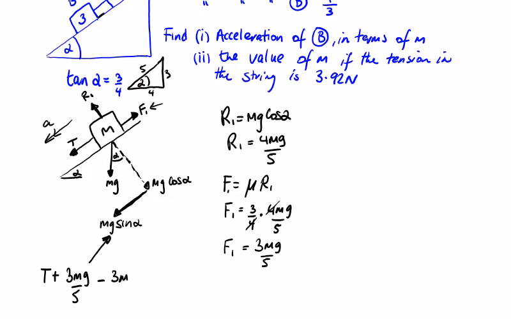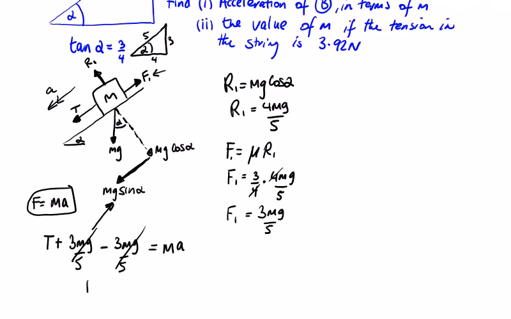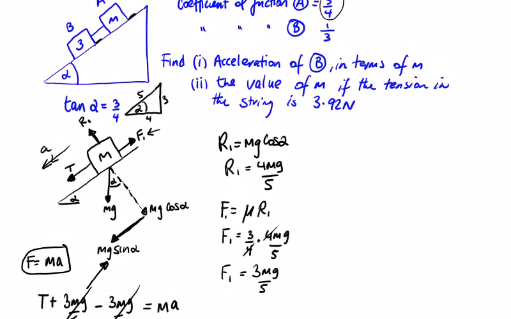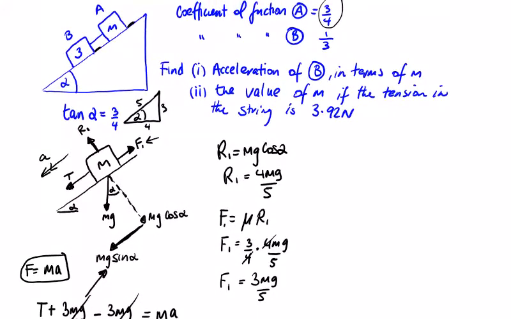Well, these are going to cancel. And that's going to be equal to ma. This is my force equals mass times acceleration equation. The mass is just m, and the acceleration is a. So simply, T is equal to ma. That's for block A.